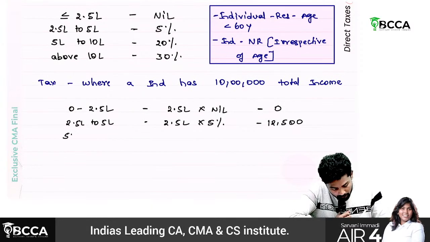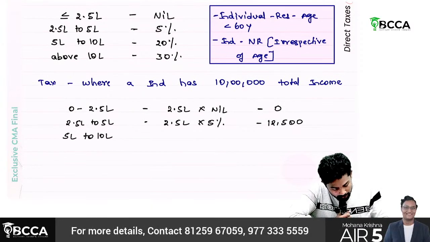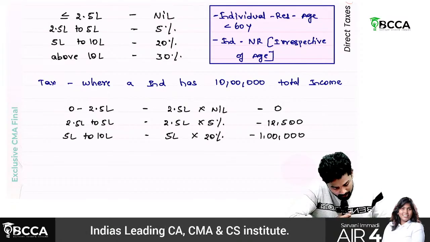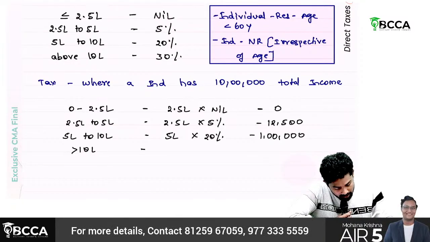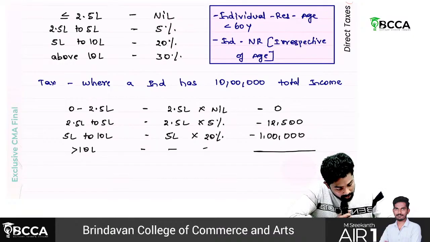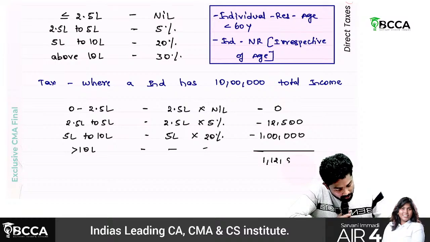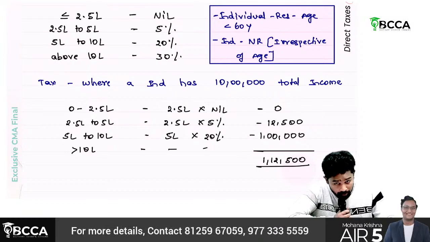Then 5 lakhs to 10 lakhs, 5 lakhs into 20% is 1 lakh. Greater than 10 lakhs the rate is 30%, but we don't have anything here. So the tax to be computed is 1,12,500. This we should remember.